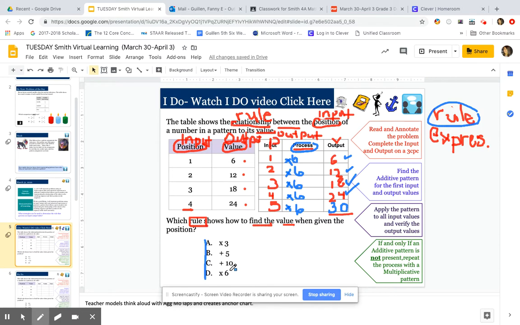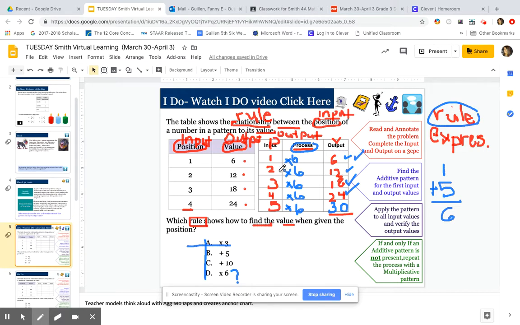So I'm going to put a little question mark here because I do have times 6. I didn't even realize that. The next one is times 3. Let's see. So 1 times 3 equals 6. No, that's not true. So I know it can't be 1 times 3. Nope. What about 1 plus 5? Yes, because 1 plus 5, that's an additive pattern that does equal 6, so that's correct.